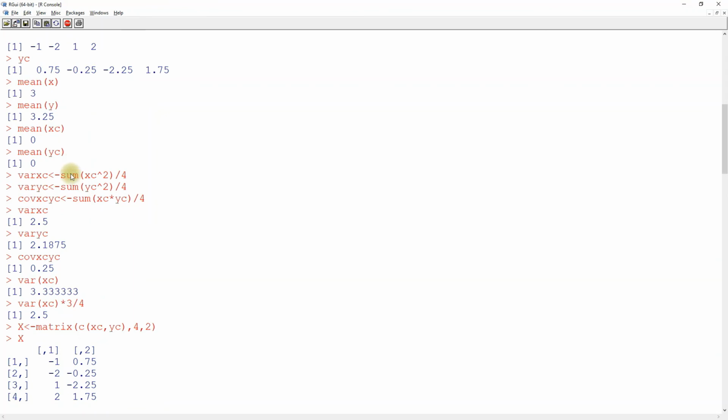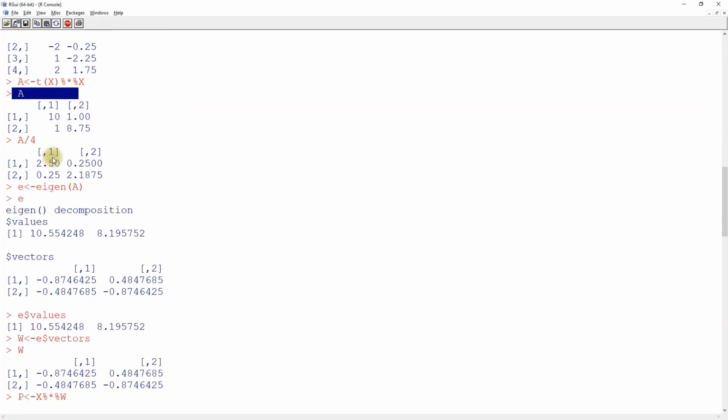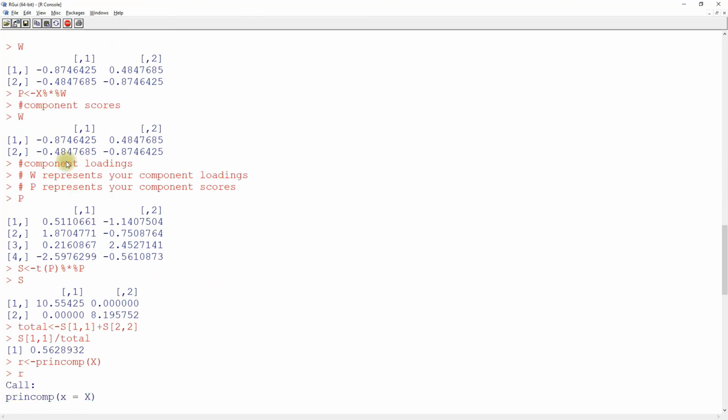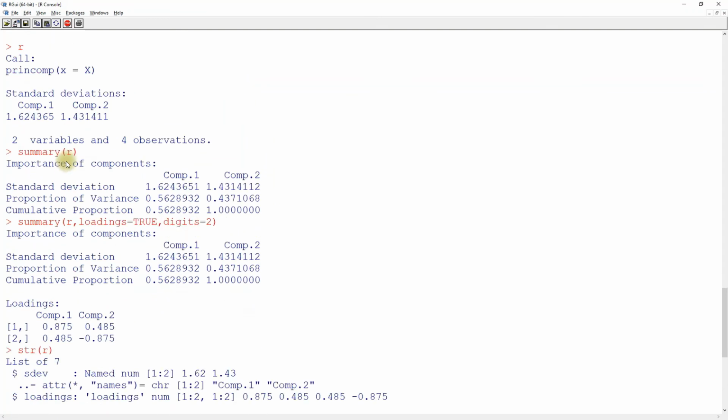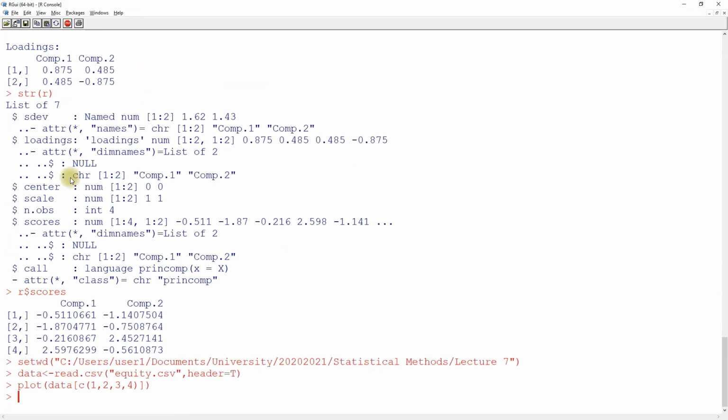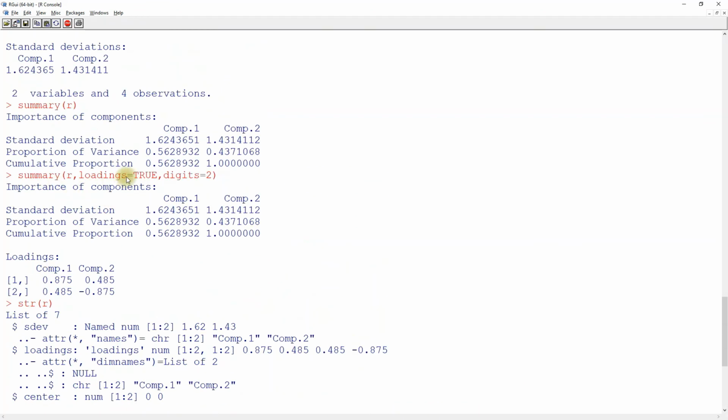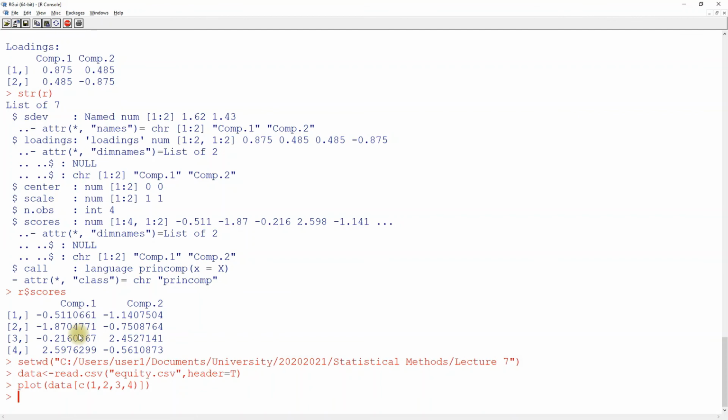If you center the data and go through all these steps, all right, you will see that you will get the same solution that I'm going to get by doing the same thing using the prcomp function.